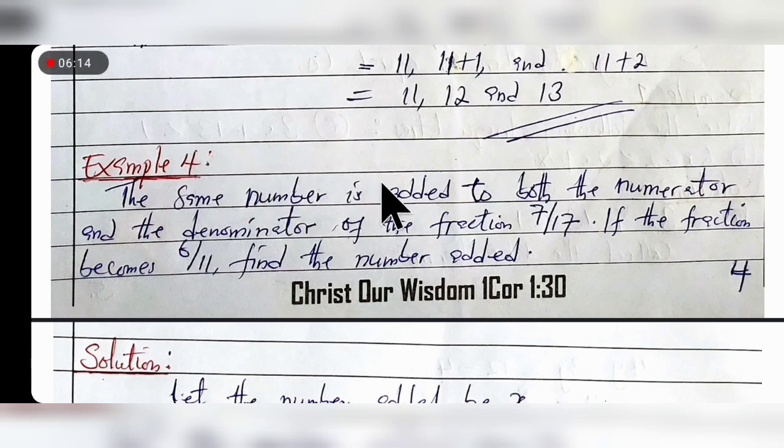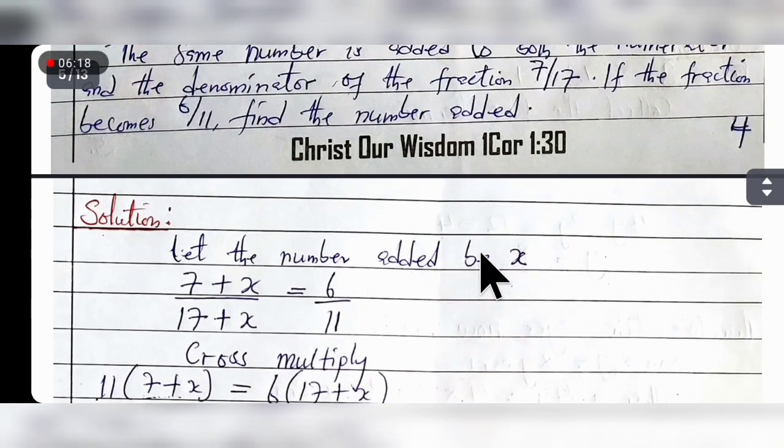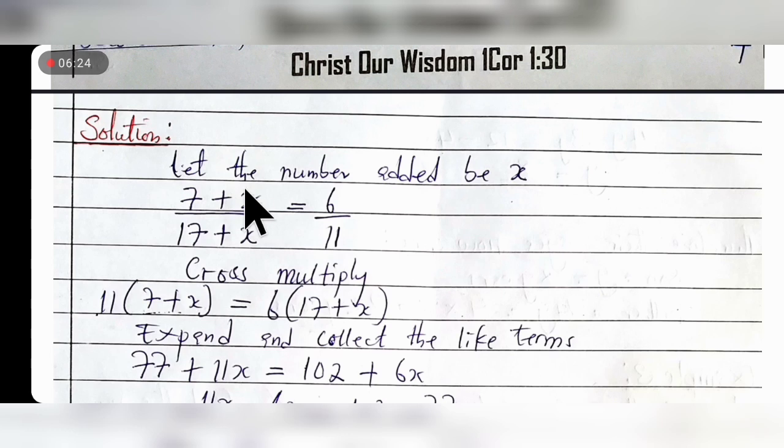So the same number is added, but we don't know the number. Let the number that is added be x. So 7 over 17 is the fraction they give us. We add it to the numerator and the denominator: 7 plus x, and then 17 plus x. If you add it and the output becomes 6 over 11, this is what we have.